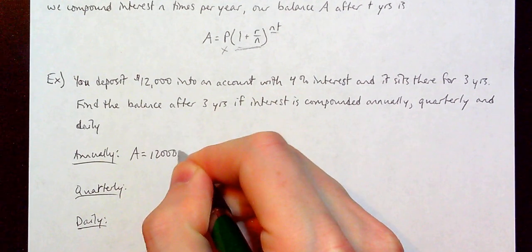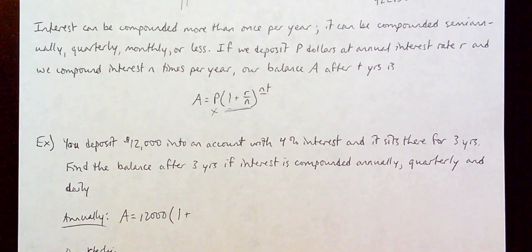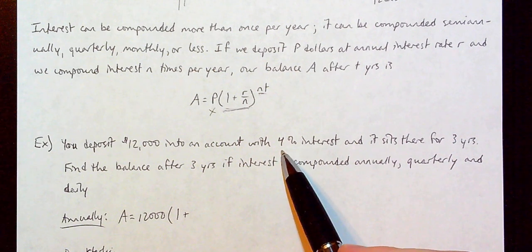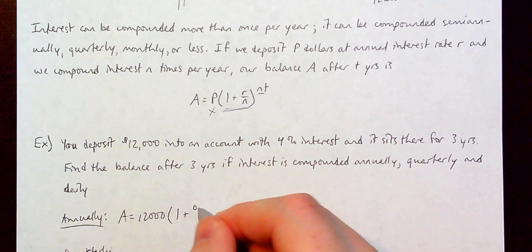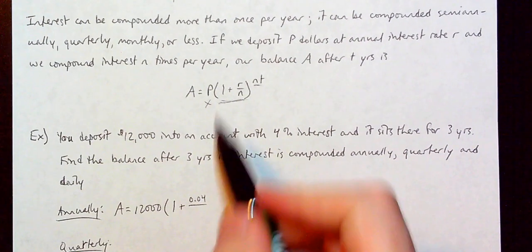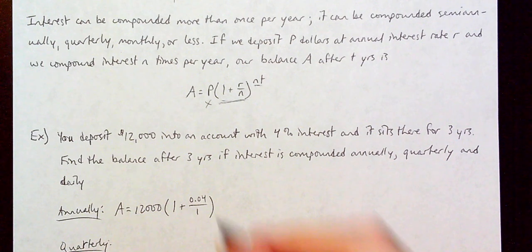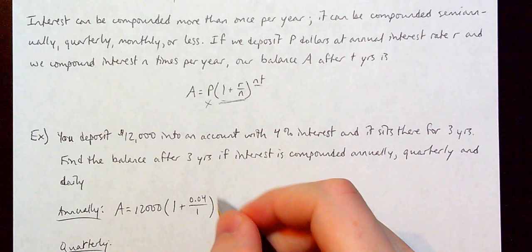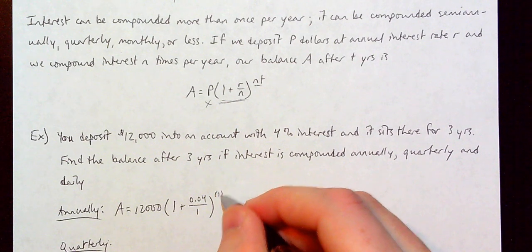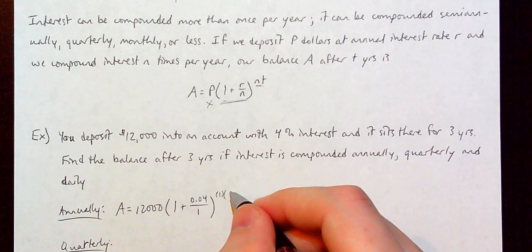So kicking it off with 12,000 times 1 plus my interest rate, R, used as a decimal, so not 4, but 0.04, divided by the number of times we compound per year, 1, raised to the power of the number of times we compound, N, times the number of years, 3.